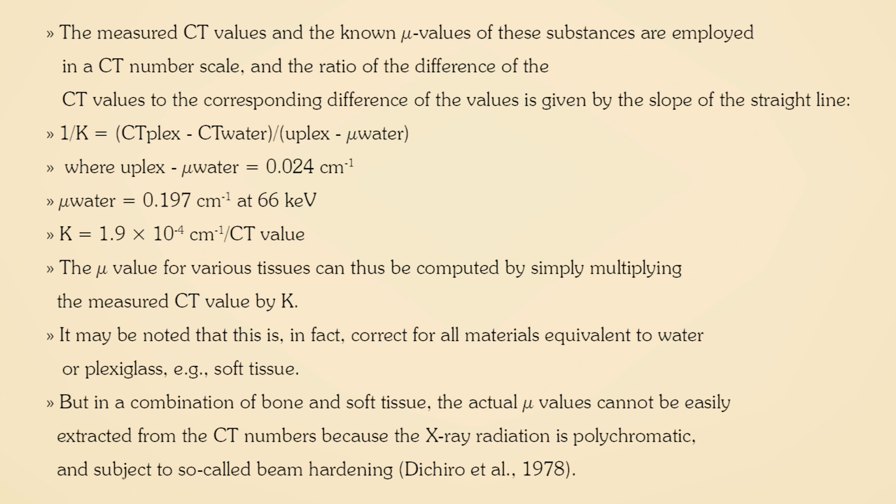But in a combination of bone and soft tissue, the actual mu values cannot be easily extracted from the CT numbers because the X-ray radiation is polychromatic and subject to so-called beam hardening.